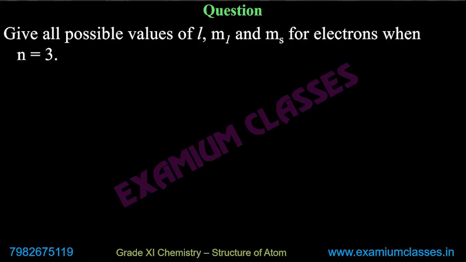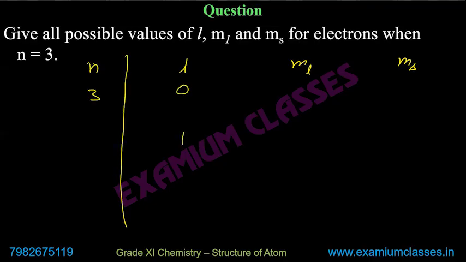Next, give all possible values of L, Ml, and Ms for electrons when n is equal to 3. If it is 3, you will write L as 0, 1, 2. For 0, you will have Ml as 0 only.